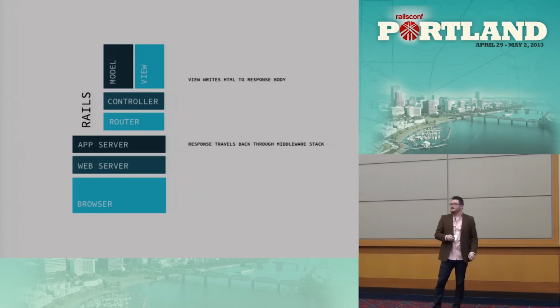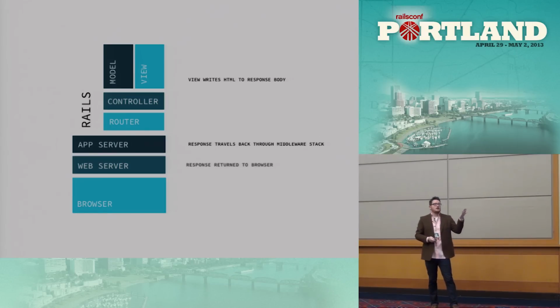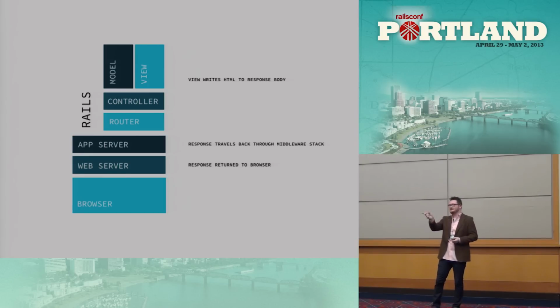The app server is done with that stack. That response is passed down to the web server itself. The web server at this point in time has kept track of that connection with the browser, or whatever client is being used. And at that point in time, it starts writing the response back.